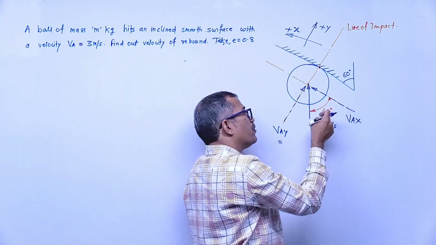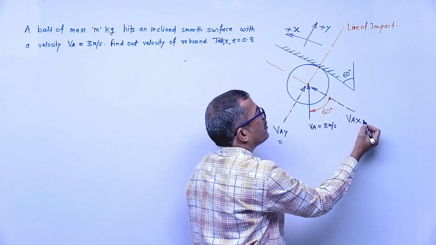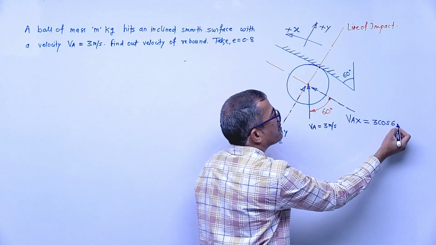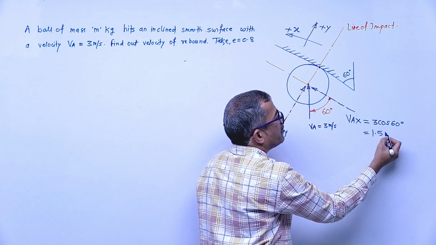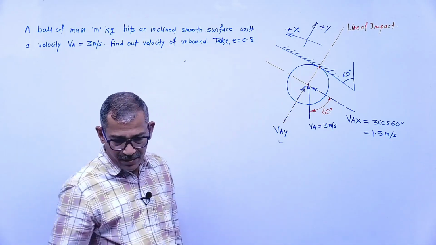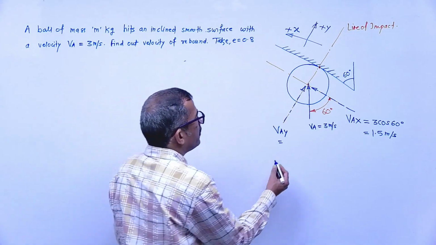When the angle is given with an axis, that component becomes cos. So this one becomes 3 cos 60. Cos 60 is half, it is half. It becomes 1.5 meter per second. Correct? 1.5.